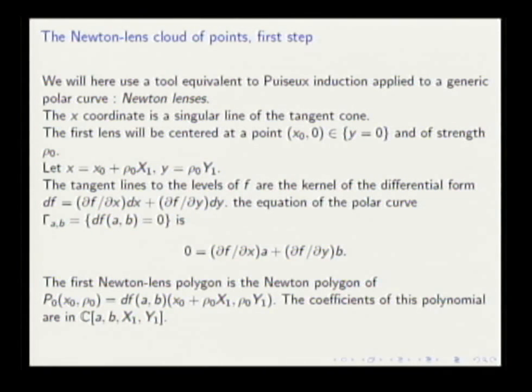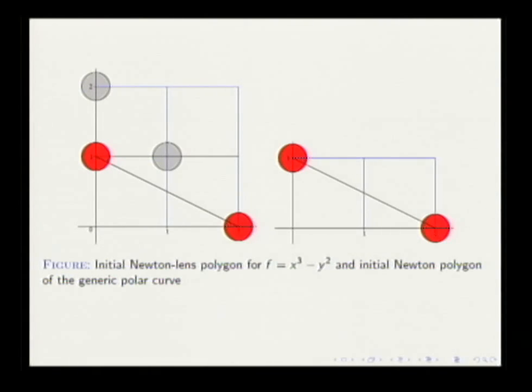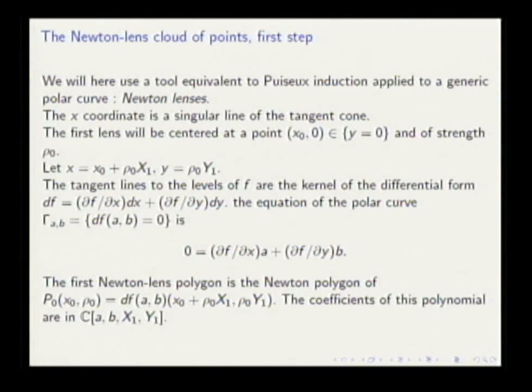So here is some explanation of what it means to zoom at. To zoom at means just a change of variable, and here the lens is centered at the point x0, 0. In the example, the x-axis is the tangent line, and moreover, it's singular in some sense.